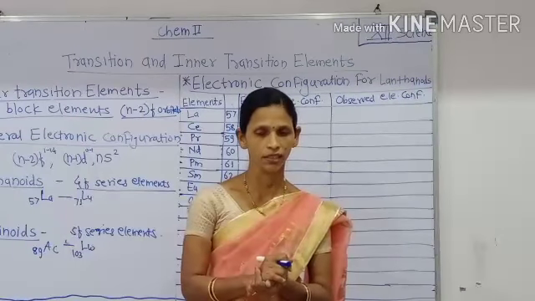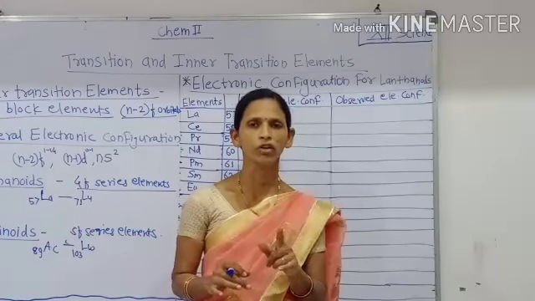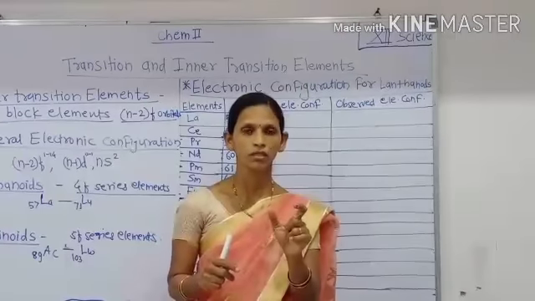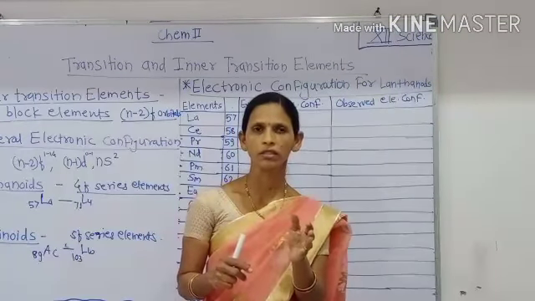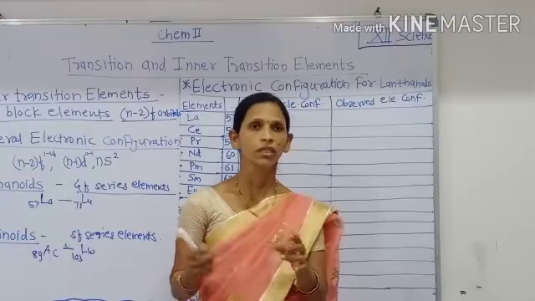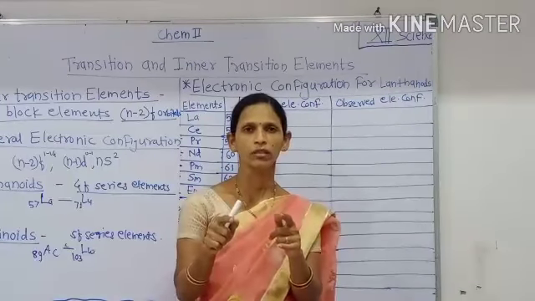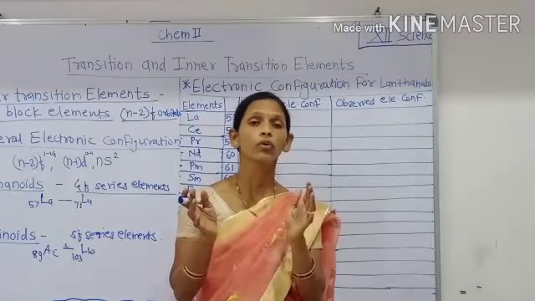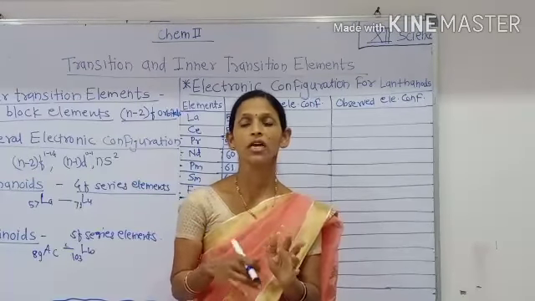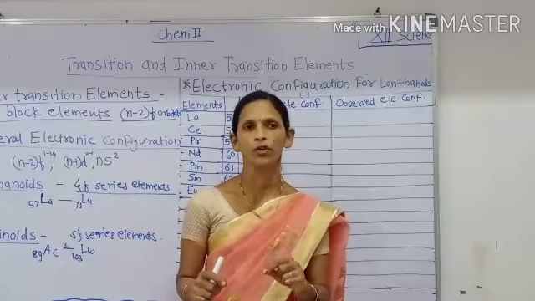The 14 elements of lanthanoids and 14 elements of actinoids are placed in the same place in the table, but for convenience of study they are placed separately in two series at the bottom of the periodic table.